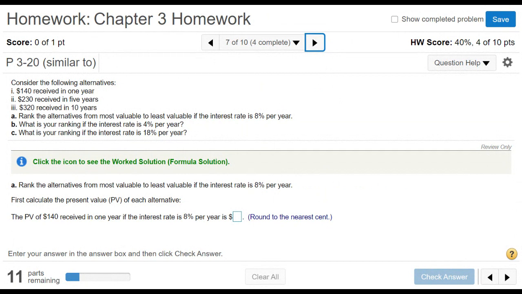First, calculate the present value of each alternative. I think it's 129.63.